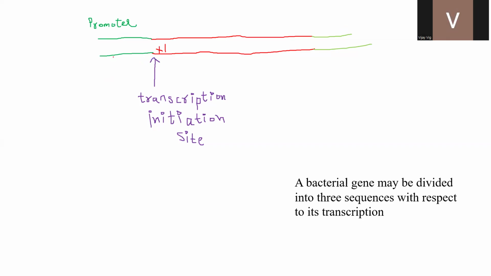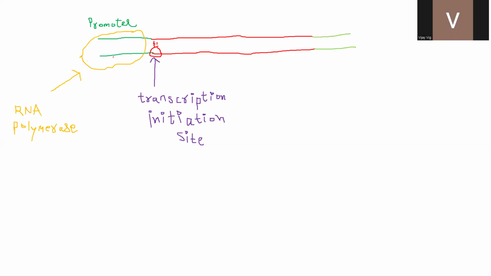So what is the role of a promoter? Now, it's the same diagram, but one more thing has come here. This is the RNA polymerase enzyme, which is DNA-dependent RNA polymerase, which we have seen in the previous lecture.